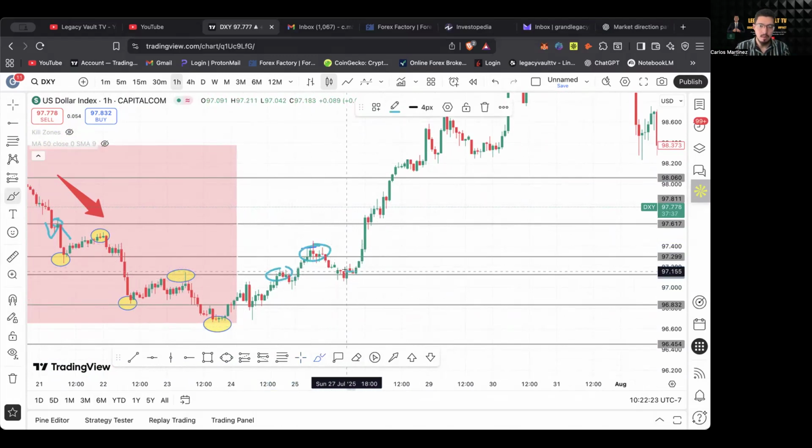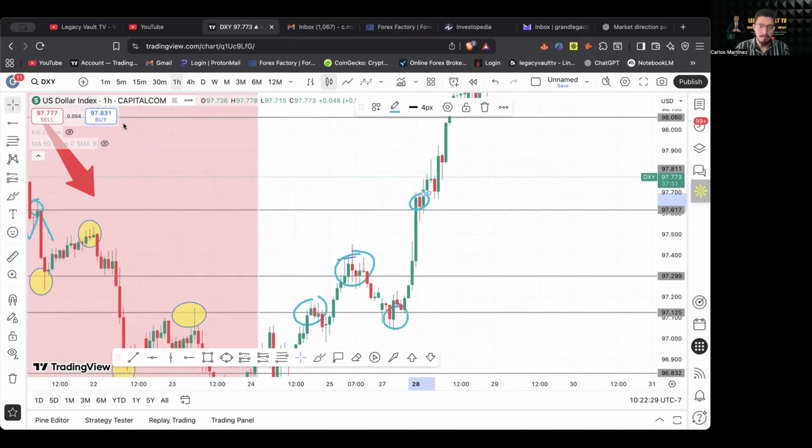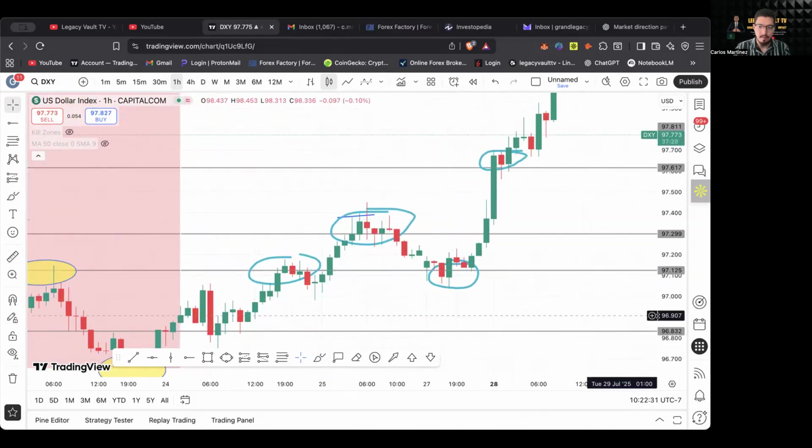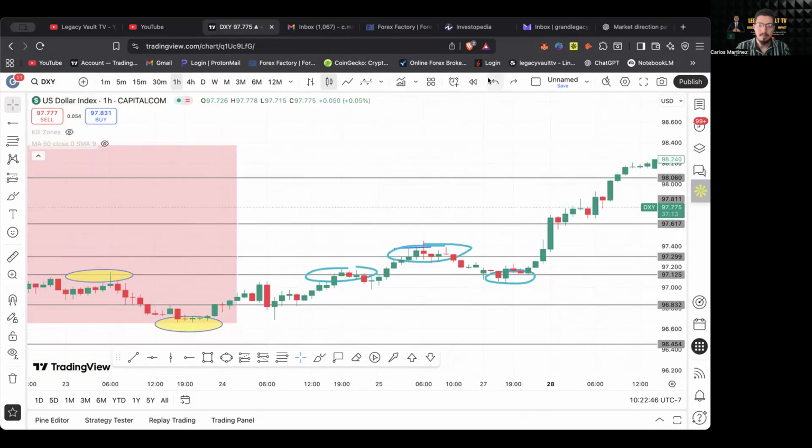See? Price retested here. This is for an uptrend. Price came back up, created a higher high here, broke above structure, created a new higher high, came back down to retest this previous high.